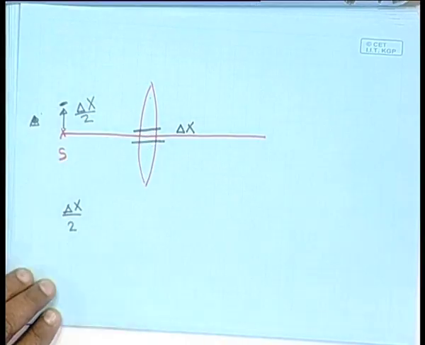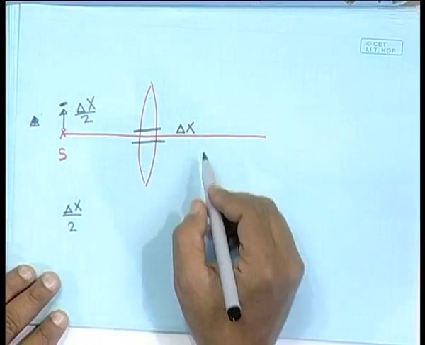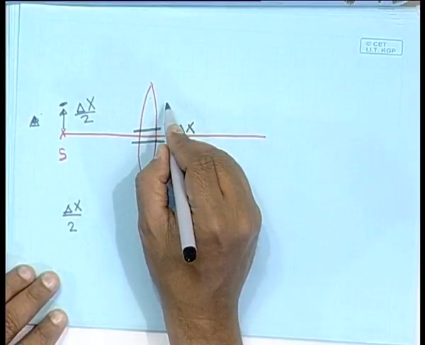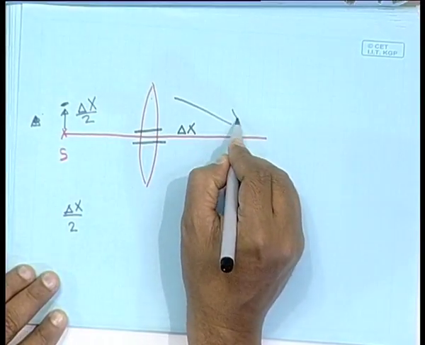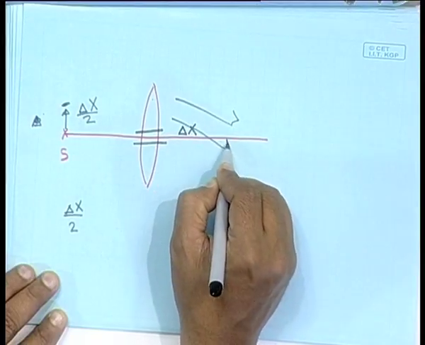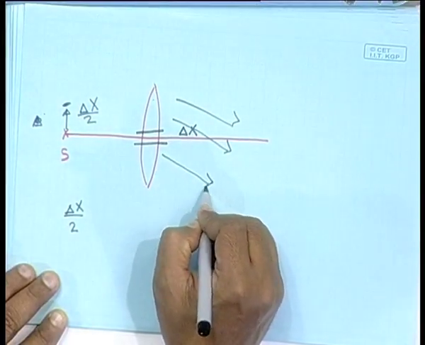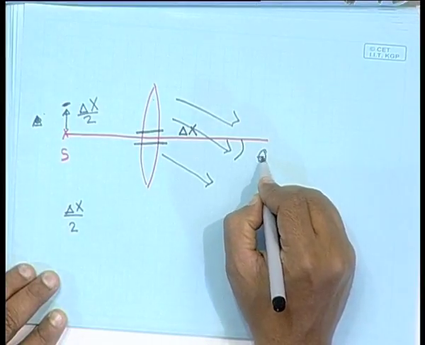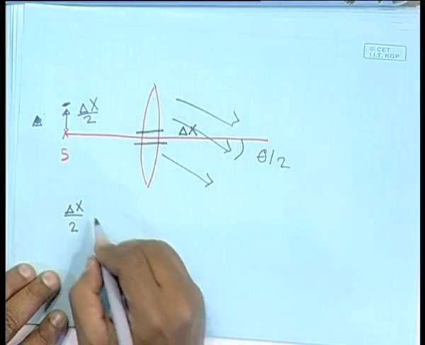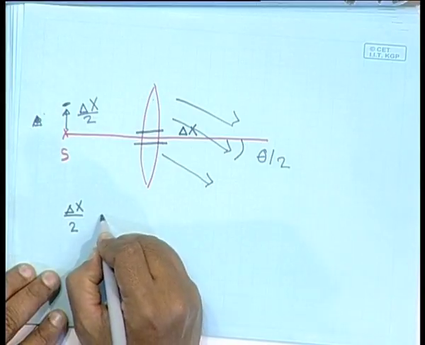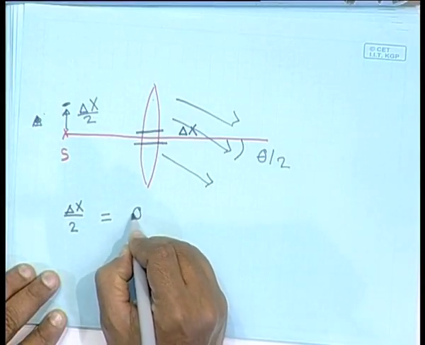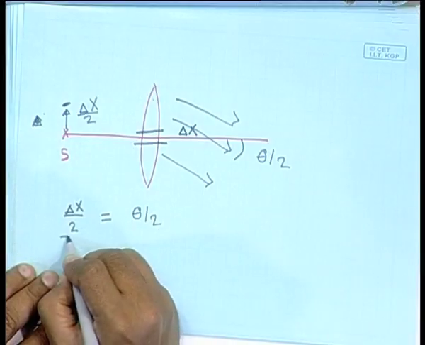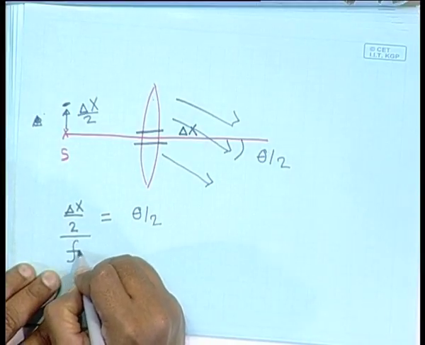So, the upper part of the lens is going to produce a wave that comes out in this direction, and if I call this angle theta by 2, then theta by 2 is equal to delta x by 2 divided by f.